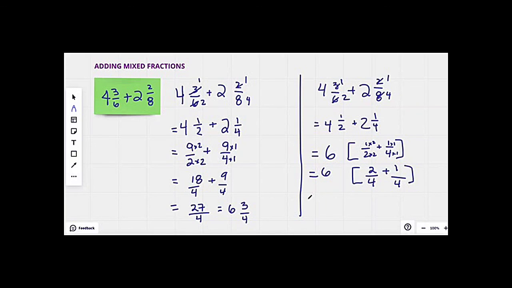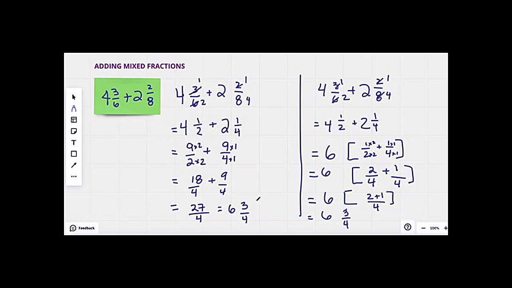Okay, now we have the same denominator. Now we can add both of these numbers, and we keep bringing our 6 over. We're not touching our 6 yet. So this becomes 2 plus 1 all over 4, which is the same as, we can bring our 6, and now we can remove the bracket, 6 and 3 over 4.